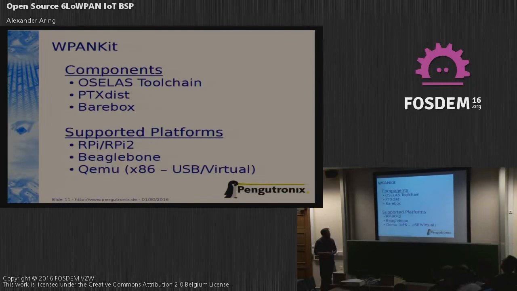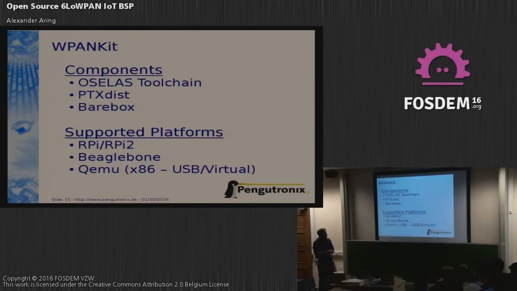It also offers interfaces for autotools or CMake to set the right environment variables for cross-compiling your stuff for the Raspberry Pi, for example. It also uses Barebox, a bootloader for Raspberry Pi and Raspberry Pi 2.